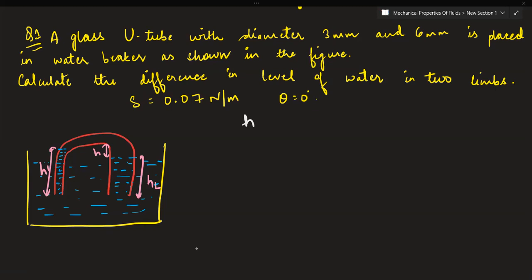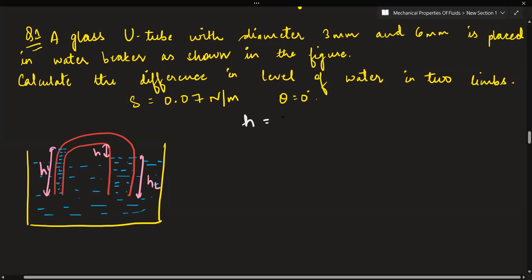See, if you subtract h2 from this longer h1, will we get the difference h? Yes, ma'am. So h will be equal to h1 minus h2.